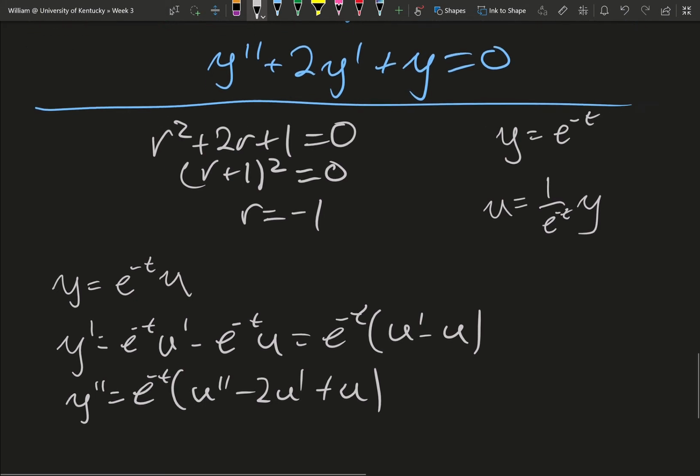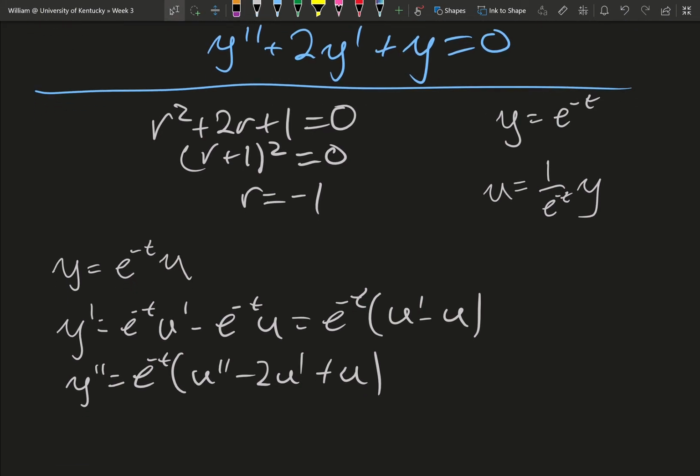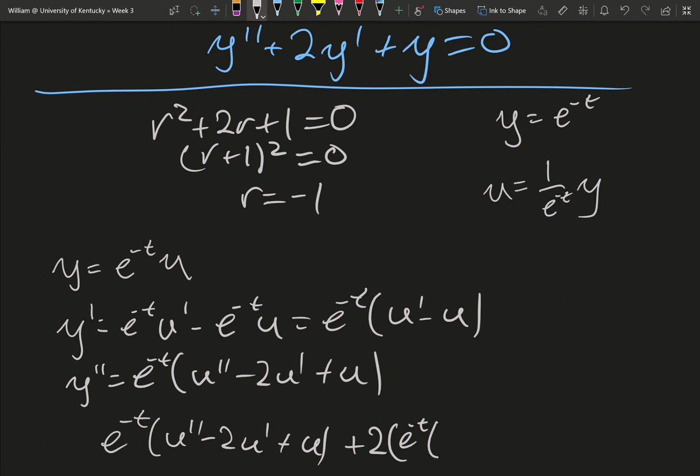All right, so we know what our y primes are. Let's plug it in. e to the negative t times u double prime minus 2u prime plus u, plus 2 times e to the negative t times u prime minus u, and then plus e to the negative t times u equals 0.